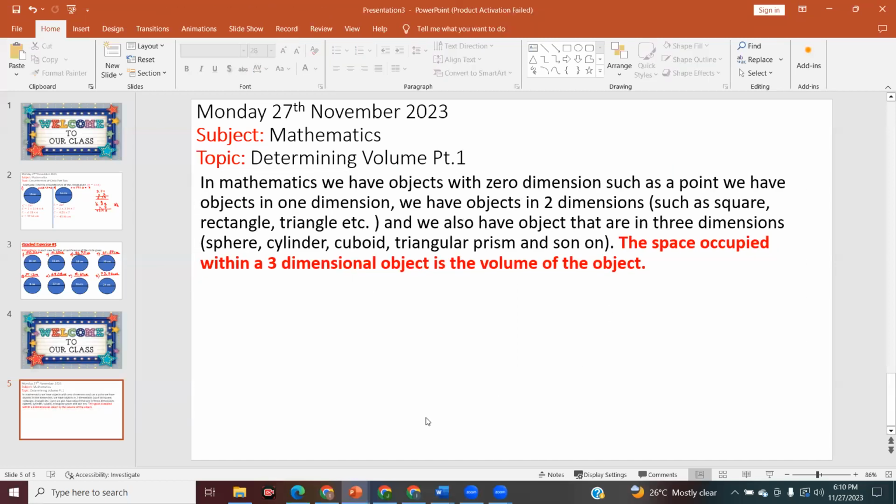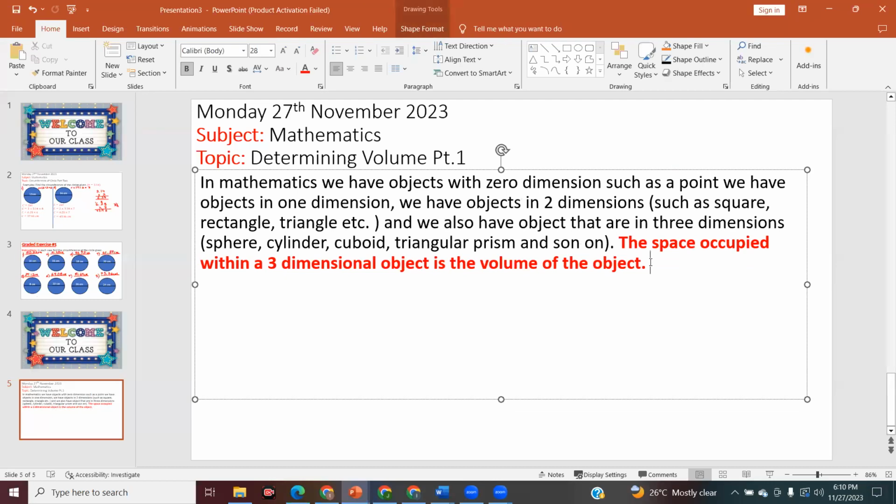So we have different shapes. Let's give some examples. When we talk about a sphere, what in the real world is the shape of a sphere? Basketball. Very good. A basketball is the shape of a sphere. Maybe also a volleyball.